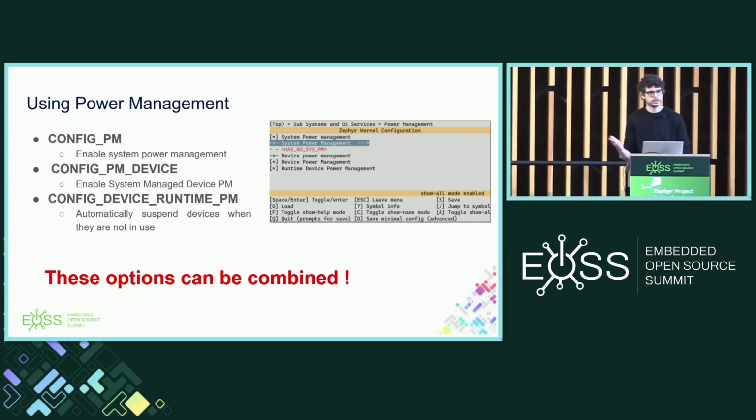If you're not using device runtime power management, there is a lot of data that doesn't need to be used, so we save some resources. And it's important to mention these options can all be combined. So you can even use the 2 methods for device power management.